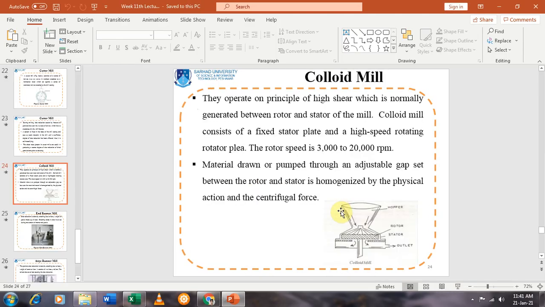Another equipment is termed the colloid mill.